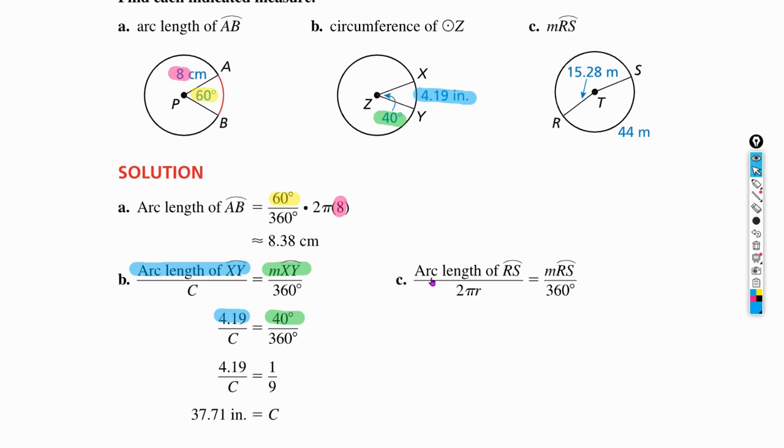Okay, this one over here, I have an arc length, RS, of 44. Okay, and an arc measure I don't have, but I have a radius right here. All right, so now you can see there's my 44.